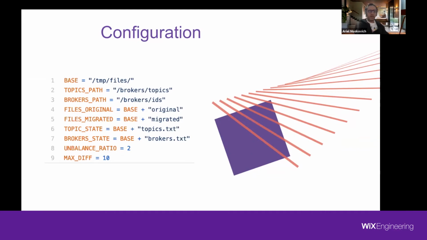State file and other parameters are the unbalanced ratio, which I'm using, and we'll see it in a couple of slides, to calculate which brokers are underbalanced regarding partitions, and the maximum diff that I'm using for our testing.